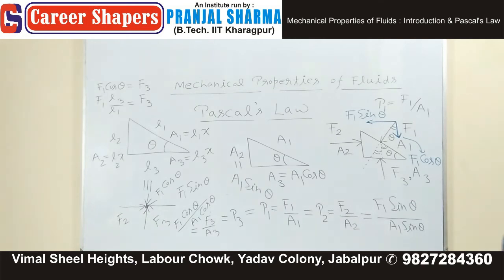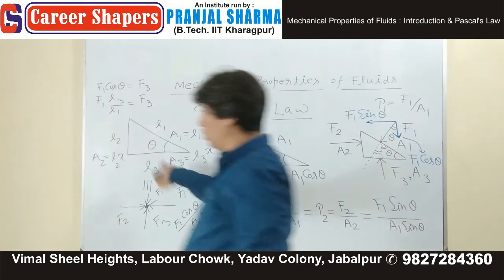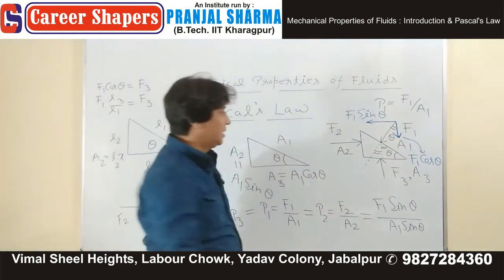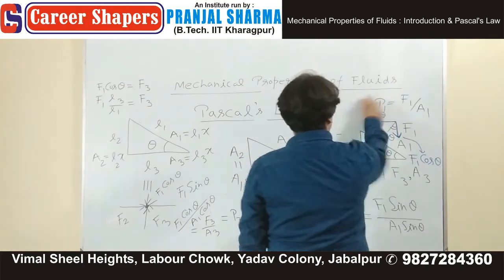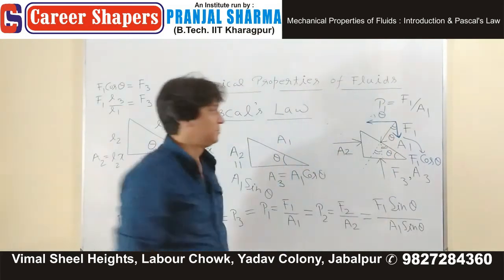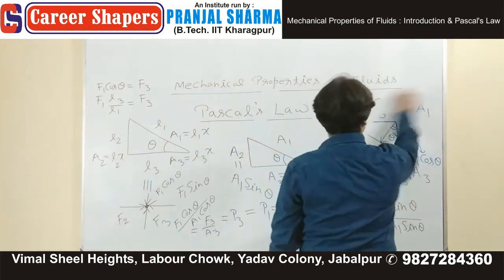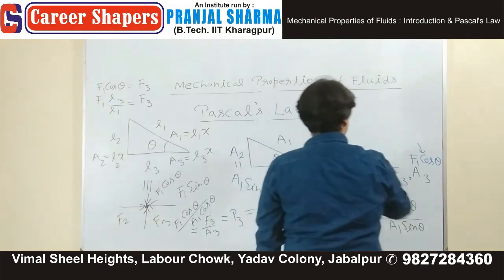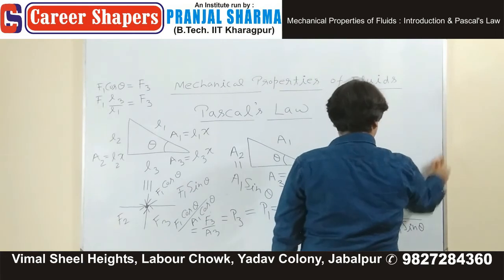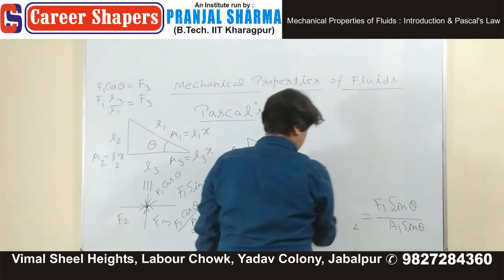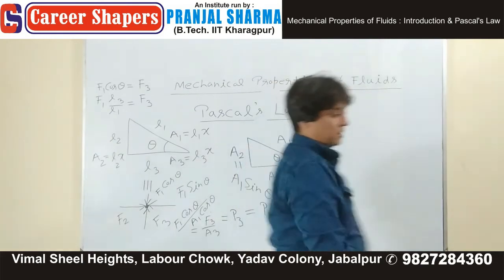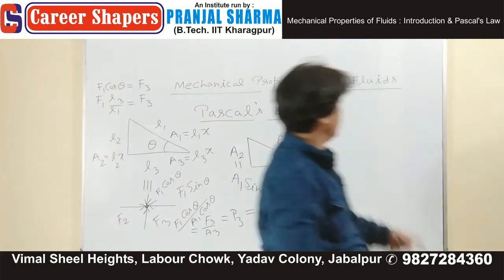Now let's try to visualize this whole thing. The concept of pressure being the same everywhere. Let's understand it with the help of a rope. The feeling part. Look here.